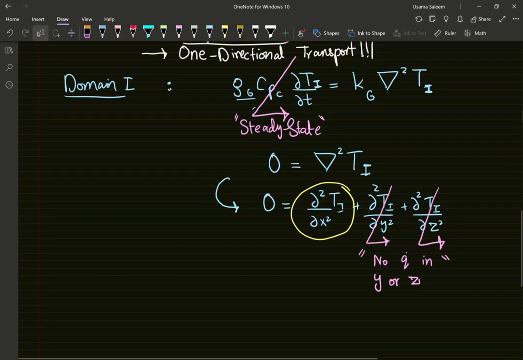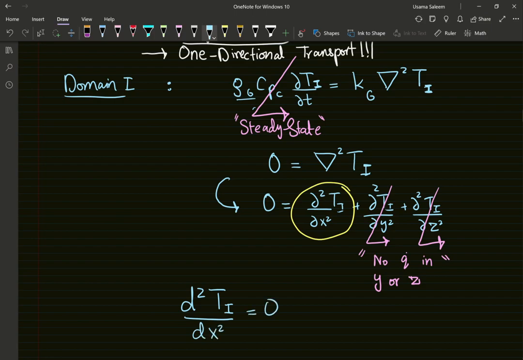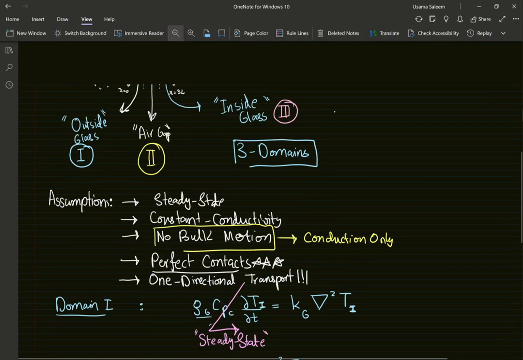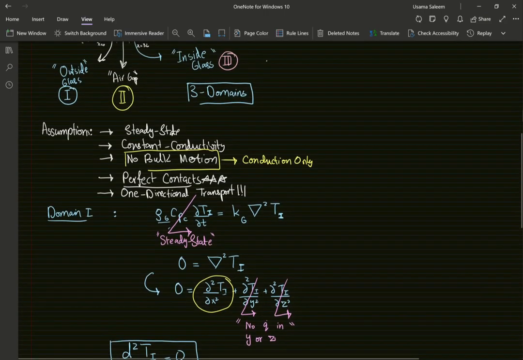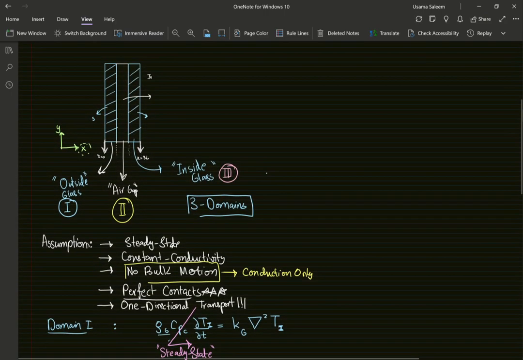So for our final equation, we've reduced our partial differential equation to an ordinary differential equation. So voila. Very good. This is for my first domain. Zoom out a bit, and I'm going to cheat a little. What's going to happen with the other two domains?